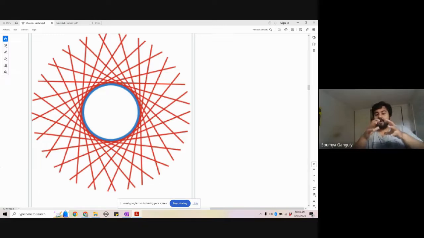Then you get a collection of all the tangent lines on the circle, which, if you draw them properly, because this is not drawn properly, you have to draw all of them, will become a manifold itself. All these red lines together will make a manifold. And that is the tangent bundle. It is a vector bundle, right?